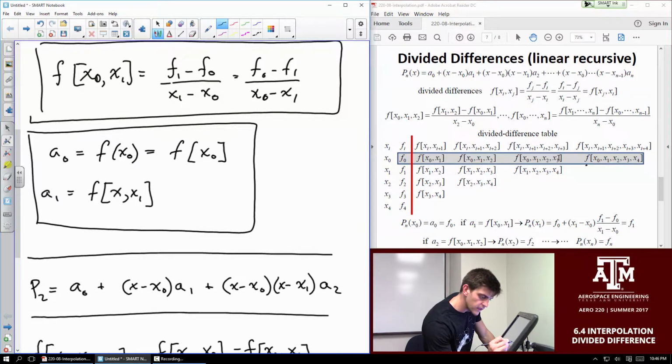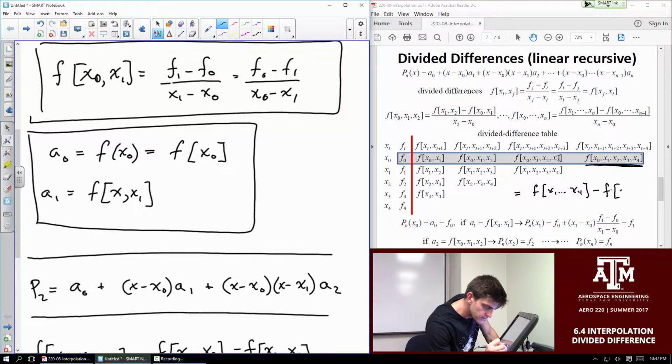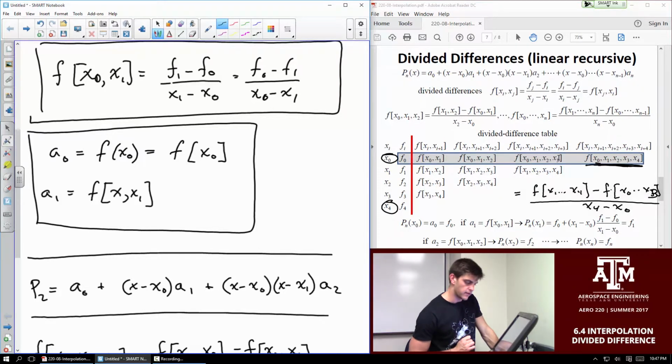So to get this last guy, this is going to be equal to f of x1 through x4, that divided difference, minus f x naught through x sub 3, all over the full range of x's. So x sub 4 minus x naught. So grabbing this last element and this first element.